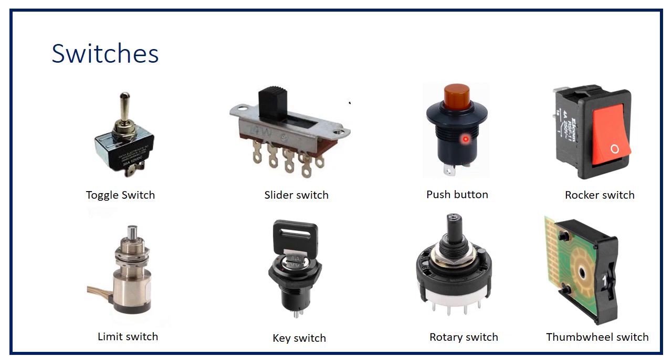It can be turned on and off by pushing this button. This is a rocker switch. This is a limit switch. This is a key switch. This is a rotary switch. This is a thumb wheel switch. We can use these switches for various applications, for controlling various devices, turning them on and off.